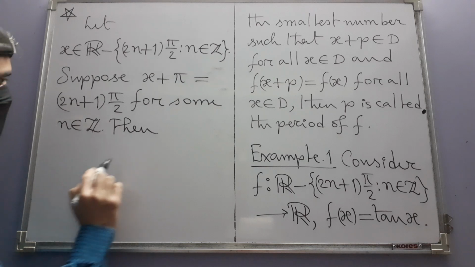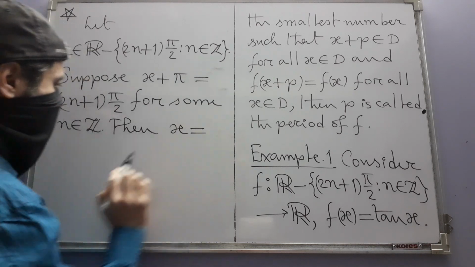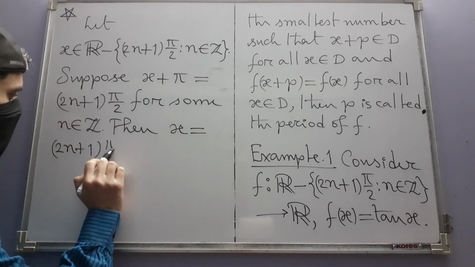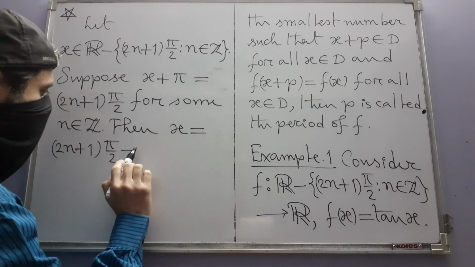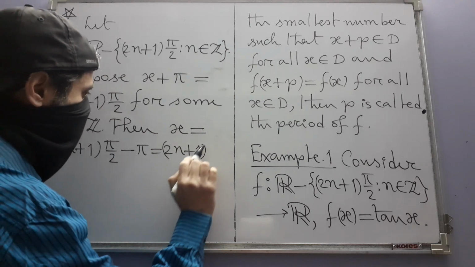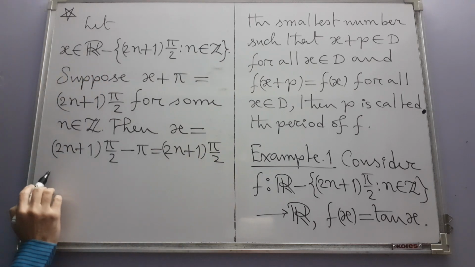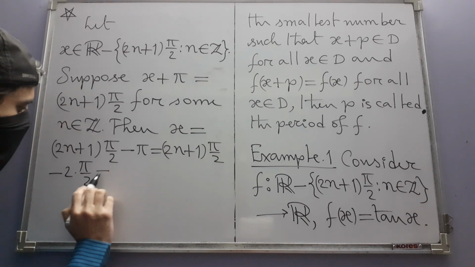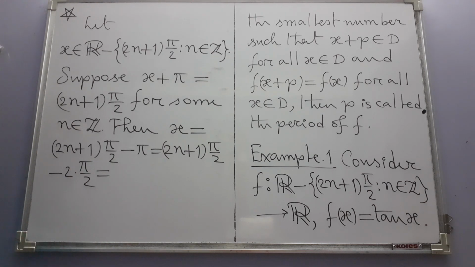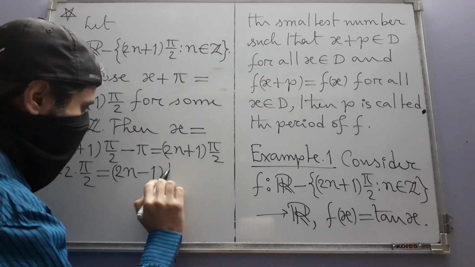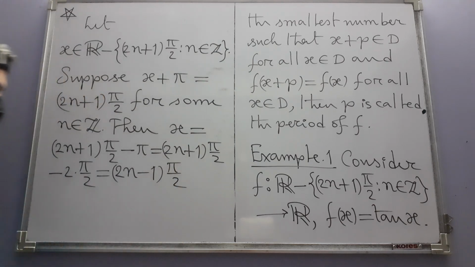Then what happens to x? x is 2n plus 1 times pi over 2 minus pi, or 2n plus 1 times pi over 2 minus 2 times pi over 2. So if you take pi over 2 common out, then you get 2n plus 1 minus 2, or 2n minus 1 times pi over 2.